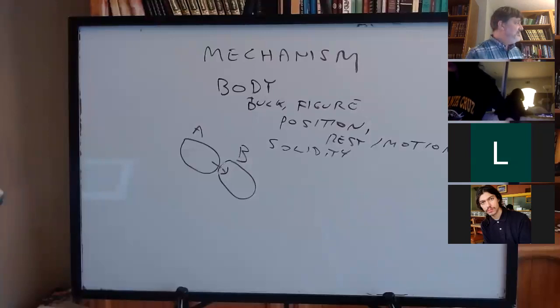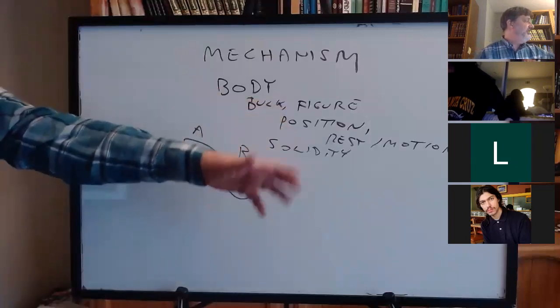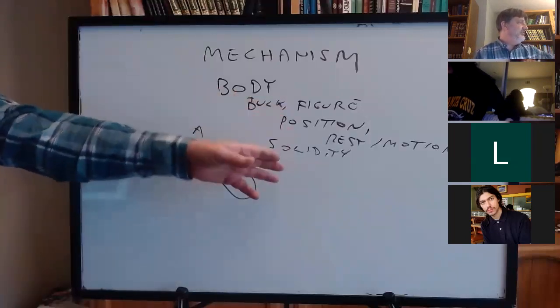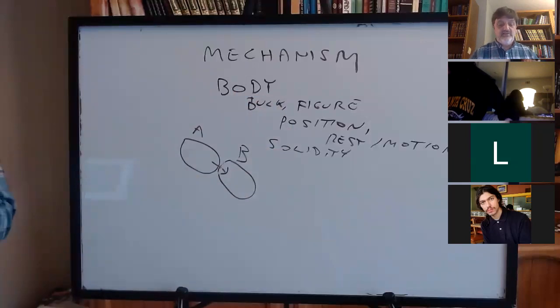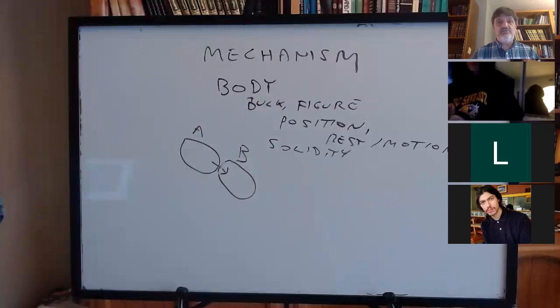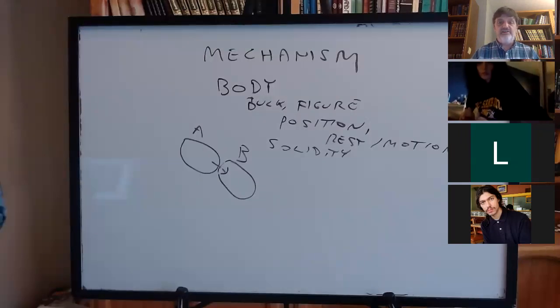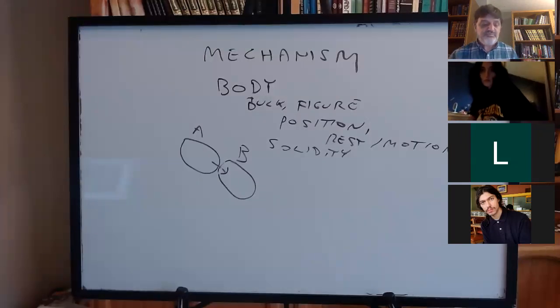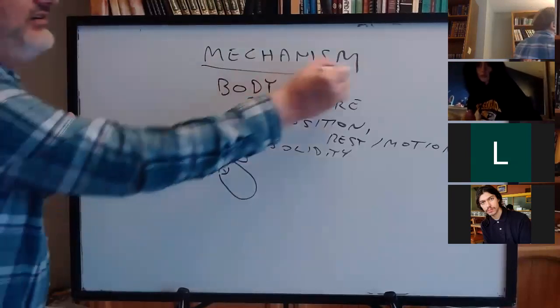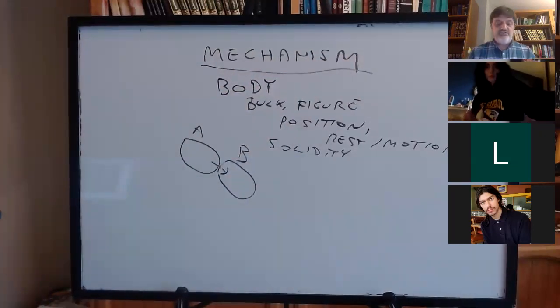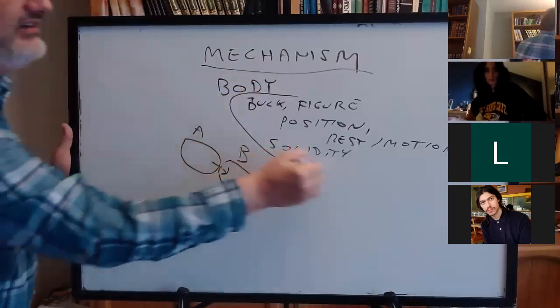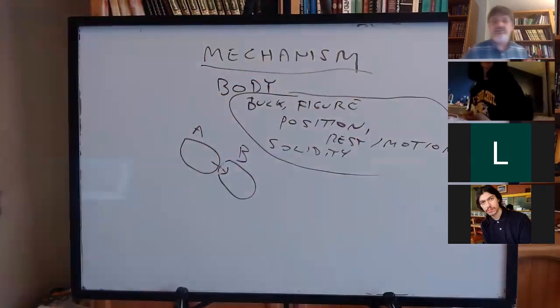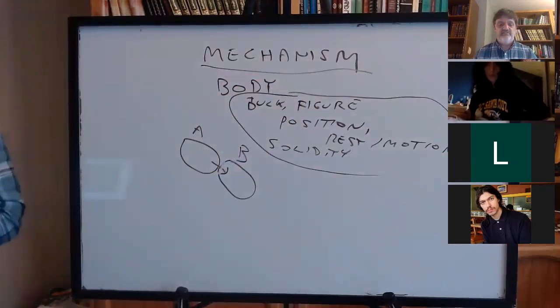Okay, so far that's about the minimum requirements to be a body. To be a body, you must have bulk, figure, position, rest or motion, and solidity. And that means you must be able to stop or move other bodies by impulse. But mechanism is the doctrine, the philosophical view, that these are the only properties that are really in bodies.